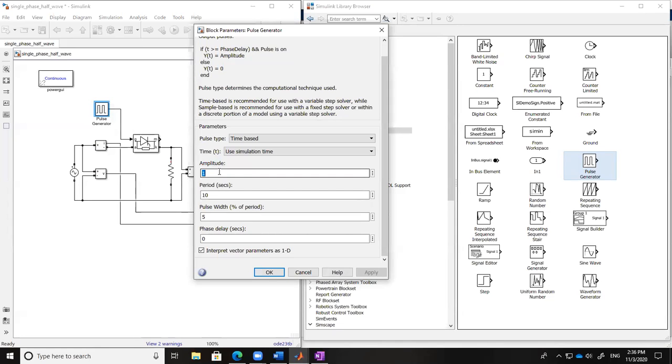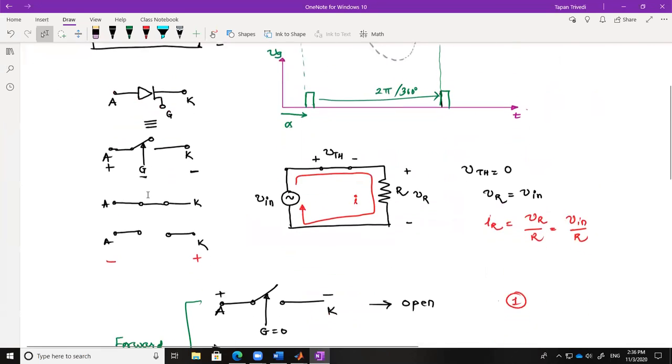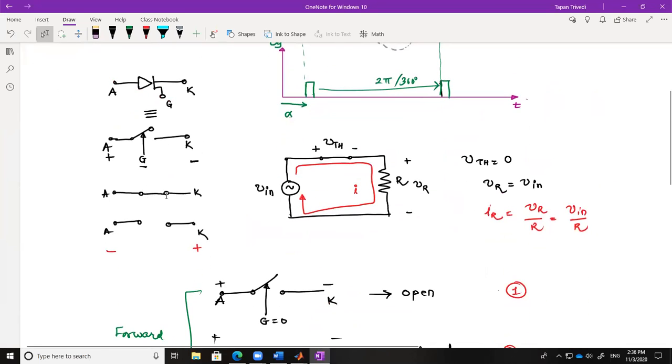If we apply 1, it will be treated as a control signal application. And if you apply 0, it will turn off the switch. So basically here, if you apply 1, it will turn on the switch. If you apply 0, it will keep it off. Okay, that's it.